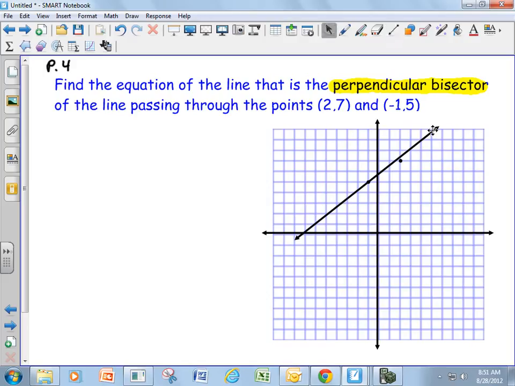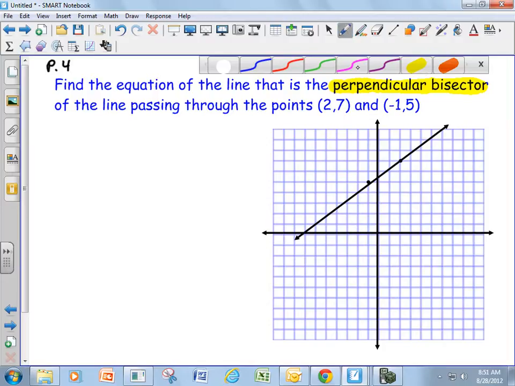There's 1 point, there was the other. So folks, the perpendicular bisector between these 2 points: perpendicular meaning it would form a 90-degree angle, bisector meaning it's going to cut straight through the middle of these 2 points.